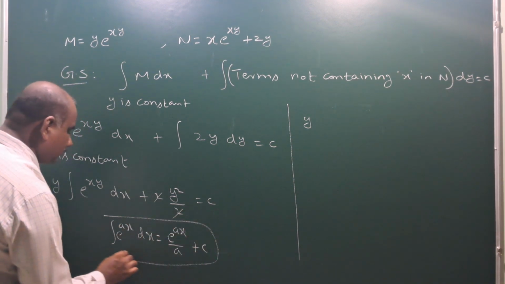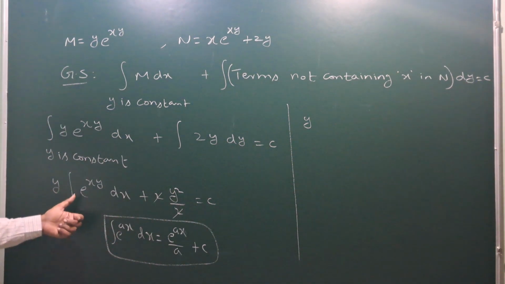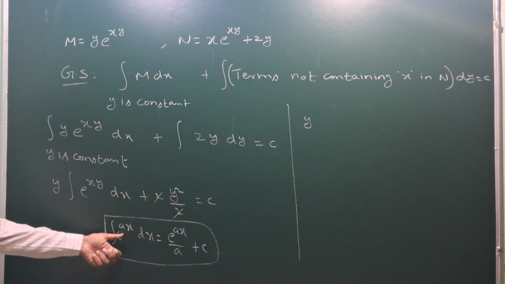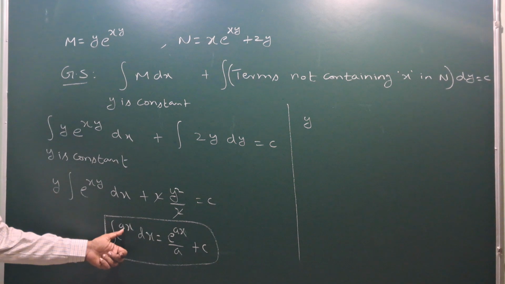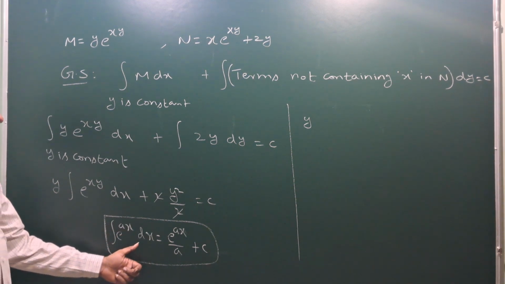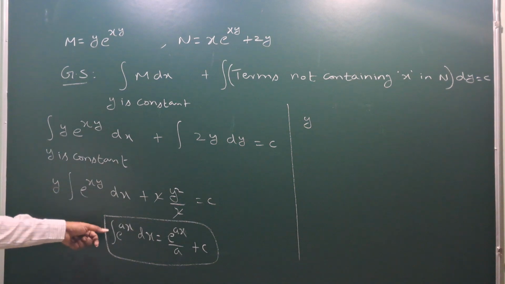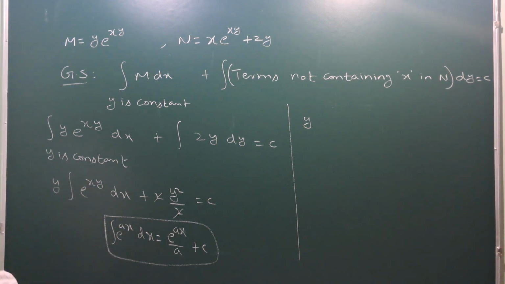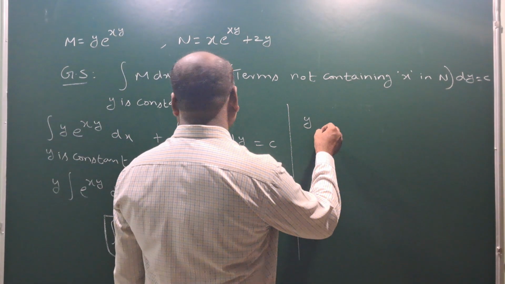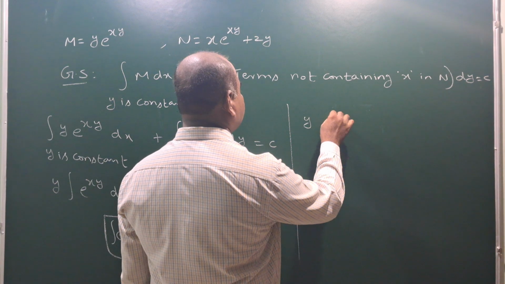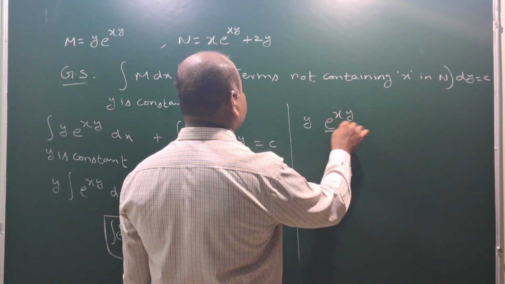Here a is constant. Similarly, in place of a, here y is there, so the integral value is e^(xy)/y.